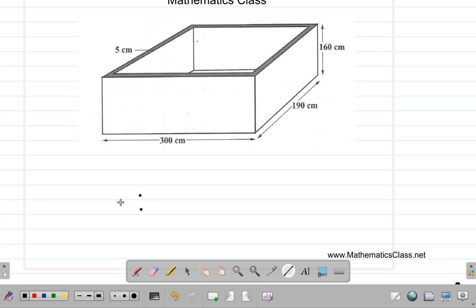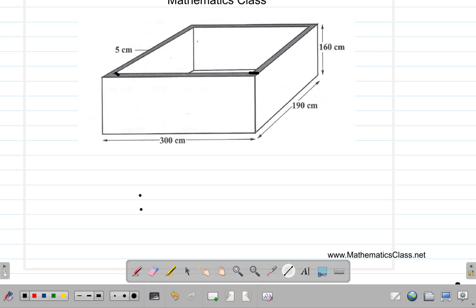Suppose you make the front go right across and you fit the middle between them. Or you could have made the sides full length and fit the front and back between them.